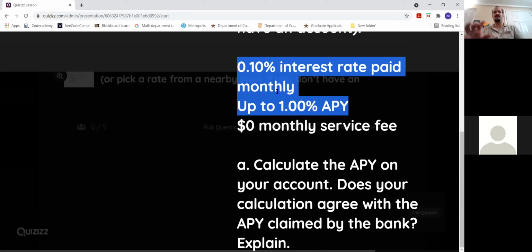This thing was bold. It was really graphic. It had those 3 bold fonts, and it told me these 3 things. These were the things they were really advertising for their 3 accounts. And you can probably tell already, right? If they're saying up to 1% APY, do you think they're getting 1% APY? Probably not.